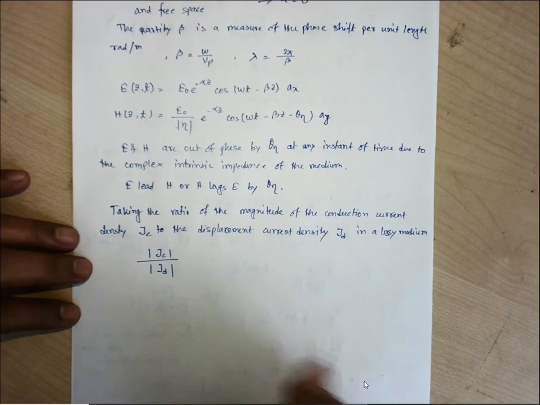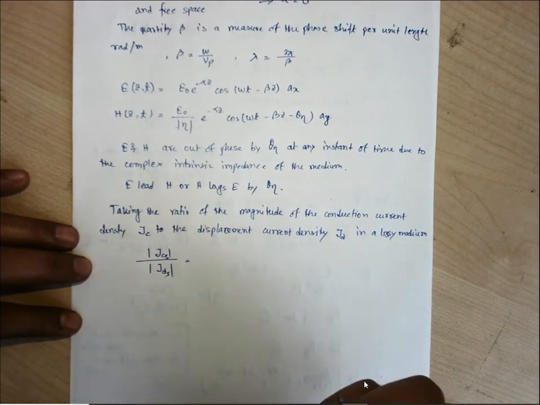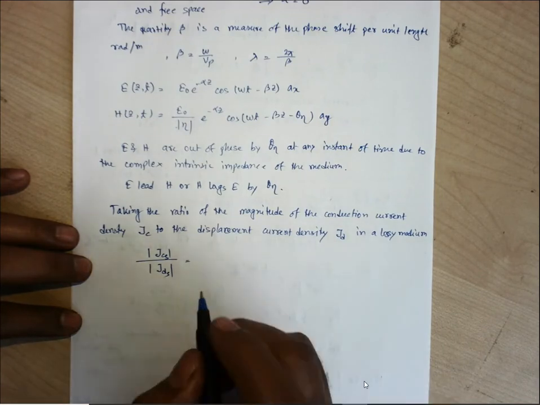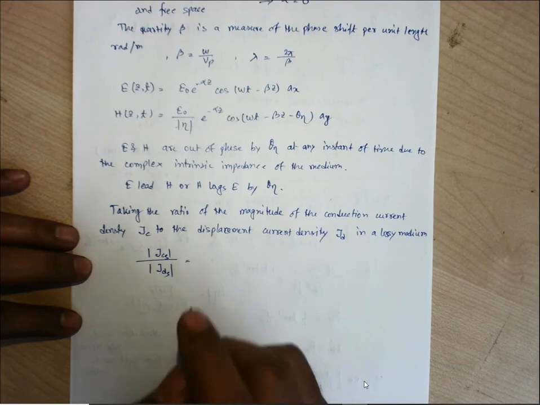If we go with the phasor form, we need to write like this. What is JC, the conduction current? It is sigma E. And JD is del D by del t, where del t becomes j omega and D is epsilon E.